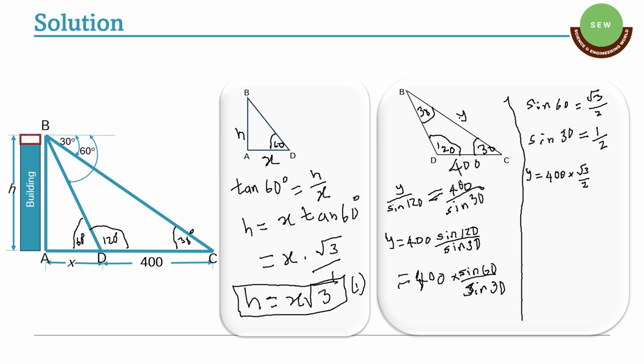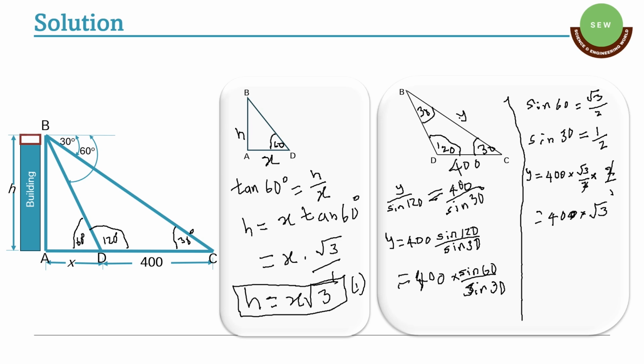If we change this division to multiplication, then we invert the denominator, so we say times 2 over 1, which gives us 400 times the square root of 3, because the 2s cancel.